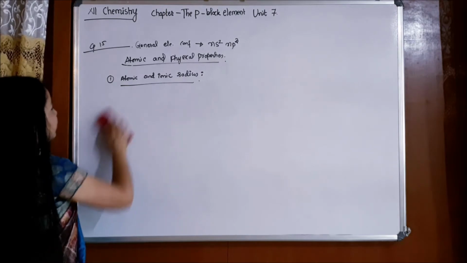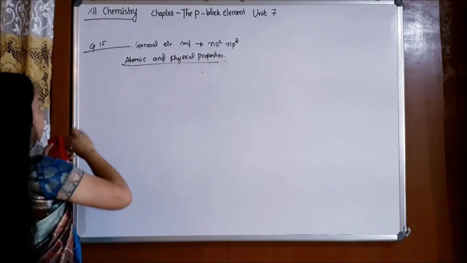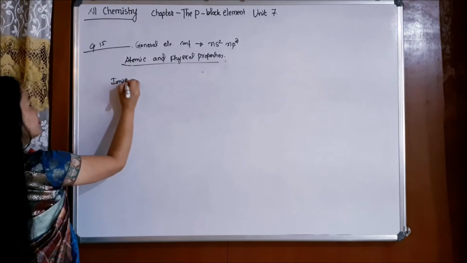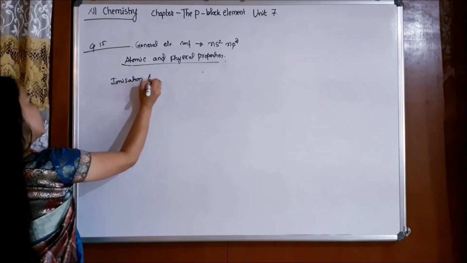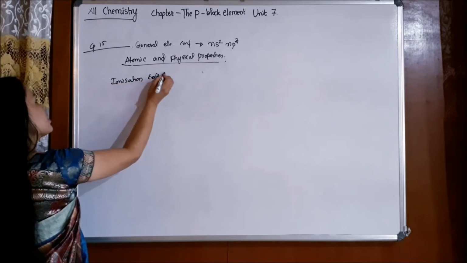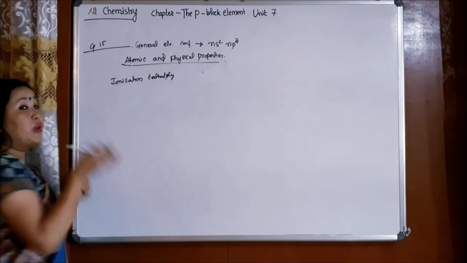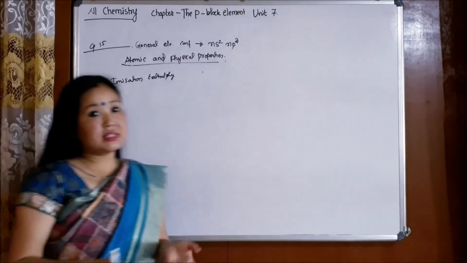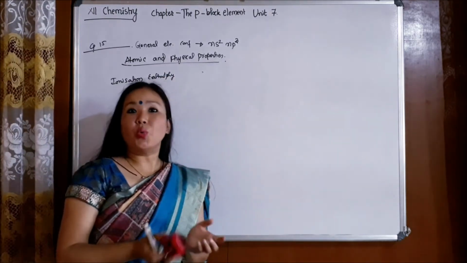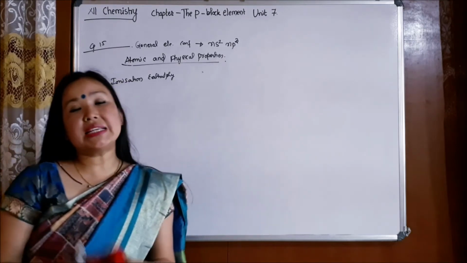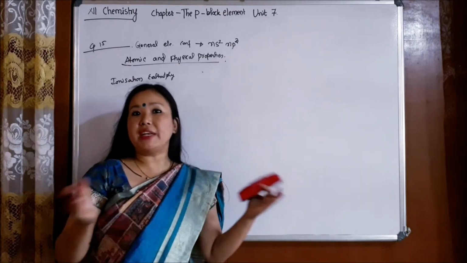Now next is ionization enthalpy. What will happen to the first ionization enthalpy on moving down the group? Yes, it decreases. Why? Because of the increase in the atomic size of an atom.